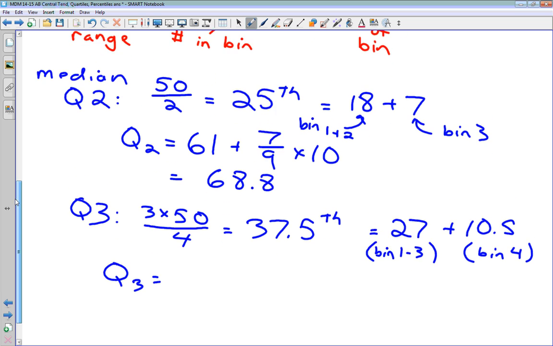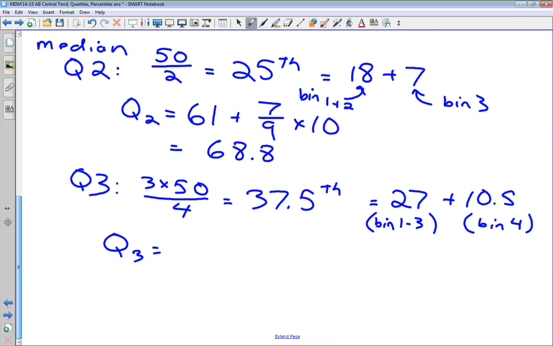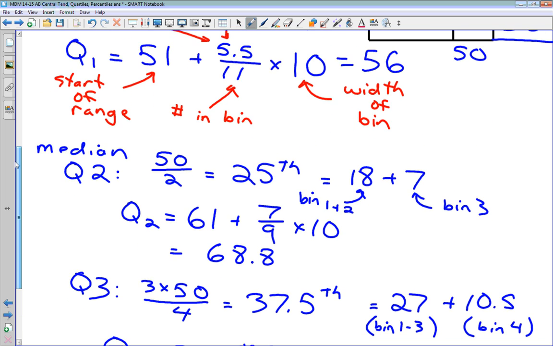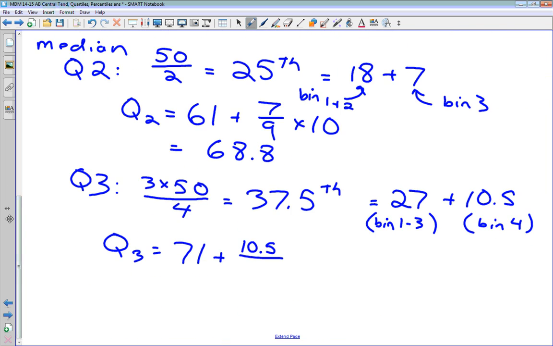Our starting value for bin 4 is 71. How far in do we want to go? We want to go in 10.5 out of how many numbers are in that bin number 4? There are 12 numbers in there, so we want 10 and a half out of those 12 numbers.